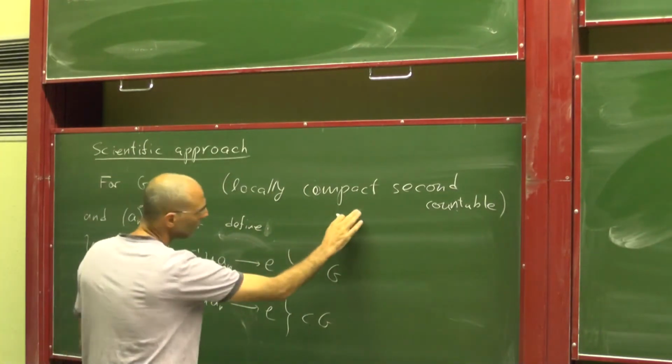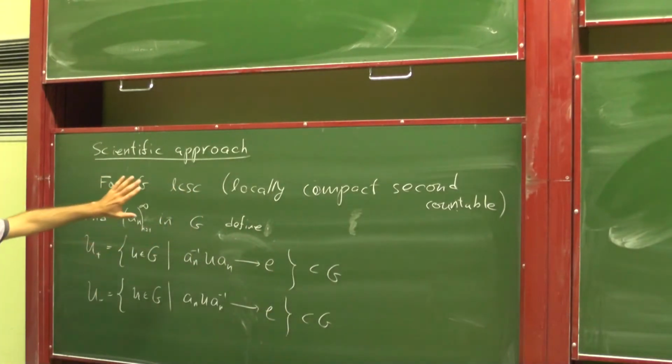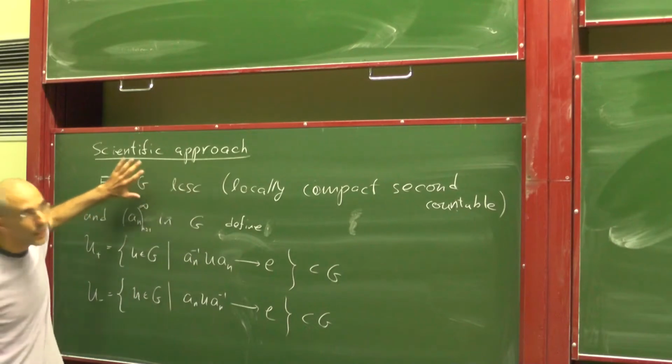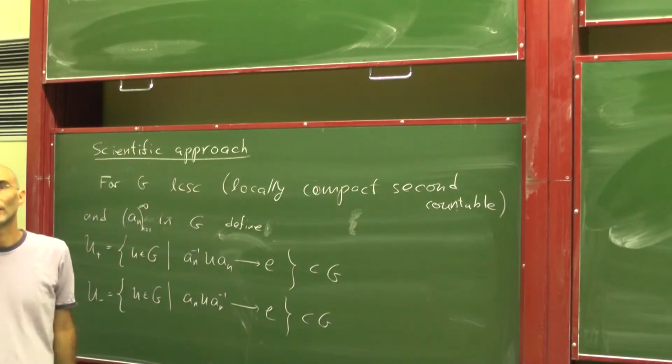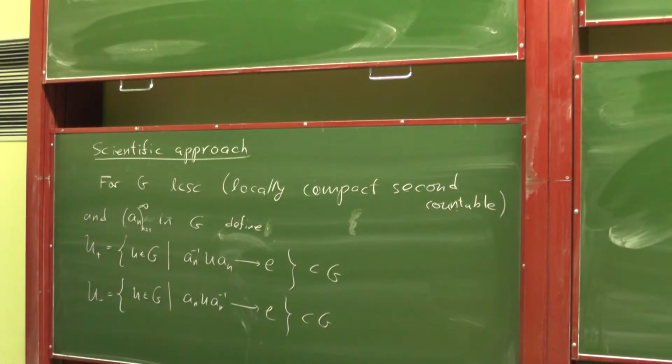Yes, but for me, this is the standard setting. In ergodic theory, you want your spaces to be separable most of the time. And you want the topology to be defined by sequences, etc. One can generalize. I'm not trying here to be as general as I can. This is not my wish.